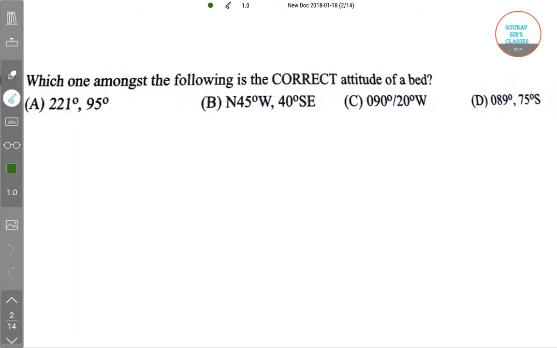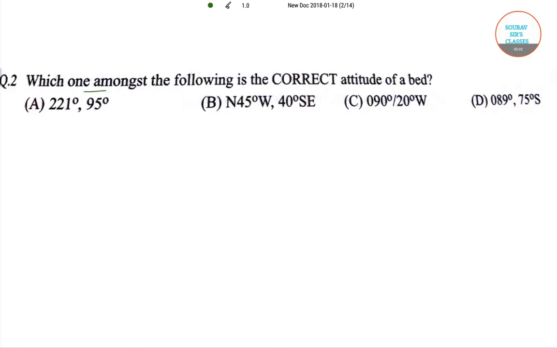Now we have a question where we have to choose the correct attitude of a bed. So the correct attitude of a bed is our concern now.